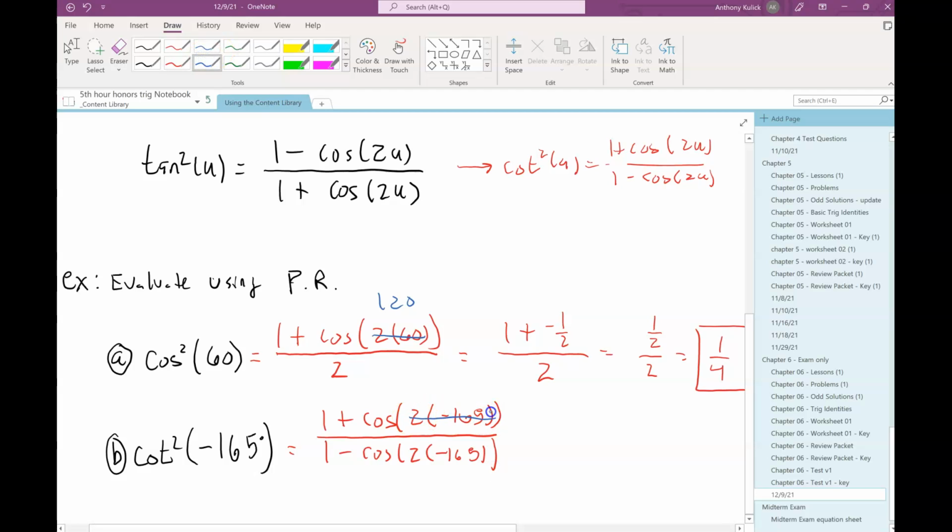2 times negative 165 is negative 330. And negative 330 degrees is not a unit circle angle, is it? What do we do?